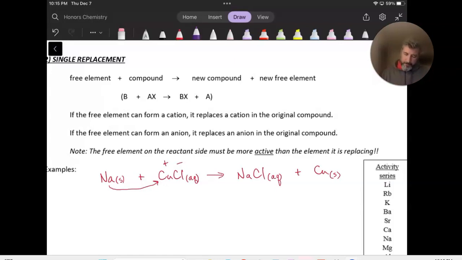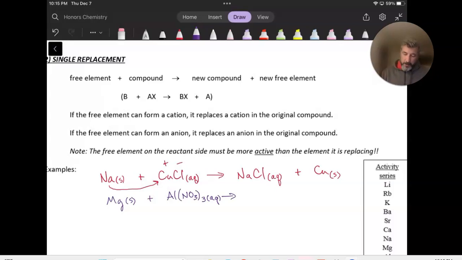Okay, let's try another one. Let's say we have magnesium. So some solid magnesium, and it's going to react with some aluminum nitrate. All right, and that is our ionic compound, and so it's going to be aqueous. All right, and so the magnesium, so there are two ions here.